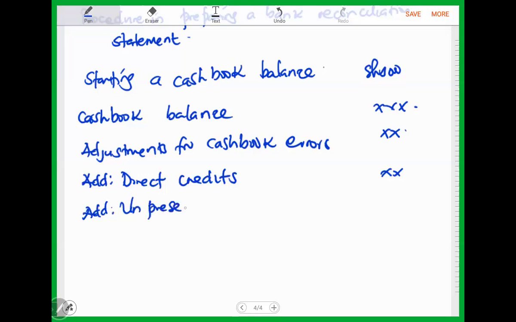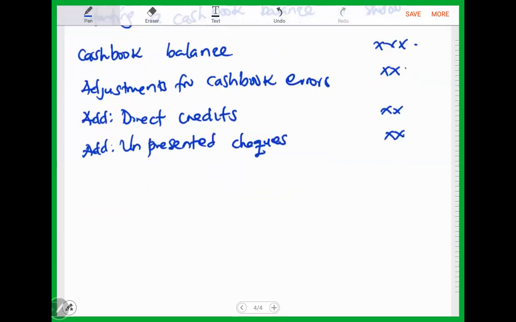I am going to illustrate more for purposes of clearly understanding these checks. Then we less uncredited checks.